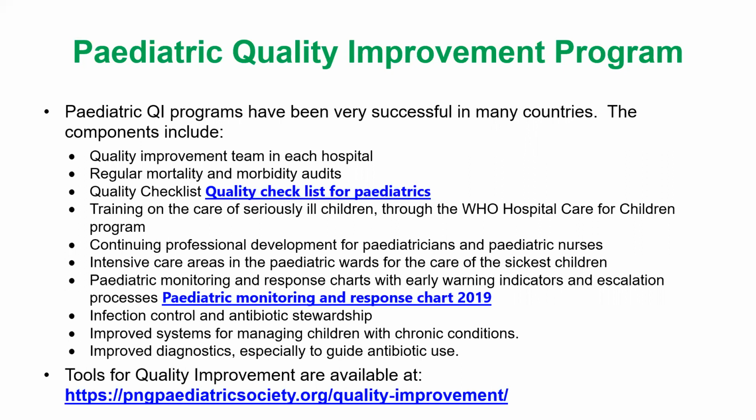I won't go through the components of this pediatric quality improvement program today, but I hope you can see that from looking at the PHR data from year to year and over a long period of time, we can see the areas that we're improving in, the areas where we still haven't made much progress, and we can see how specific improvements can improve things, but also how an overall quality improvement program can improve things.